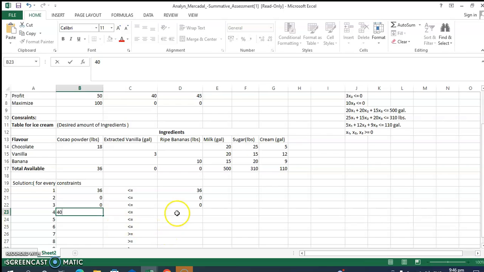And then, the total available is 500. Now for chocolate, we multiply. So, the constraint is only the chocolate, which has available stock. The banana and extracted vanilla have no stock, so they are 0.